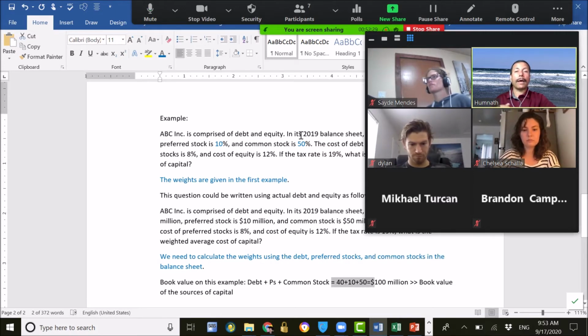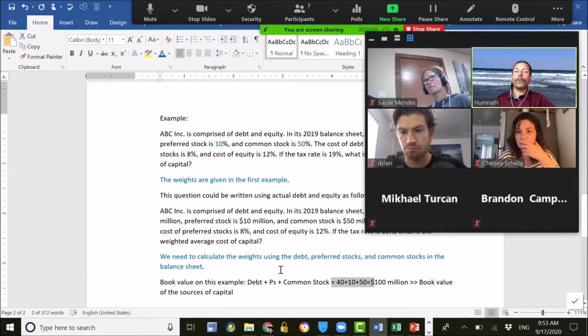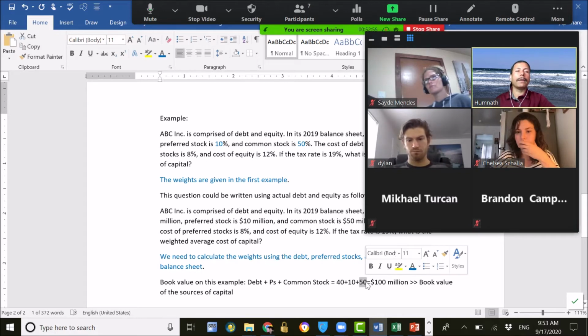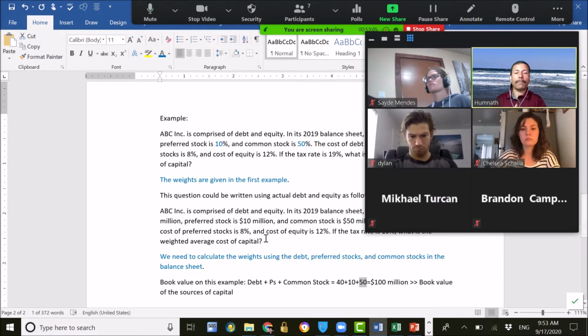If the problem gives you, let's say, 5 million shares outstanding and the stock is trading for $10 or $20, right? What happens if the stock is trading for $20? So the value could be more than or less than this 50 million, right? So when you use the market information of any of these securities, that we call market value. That's the difference between book value versus market value.